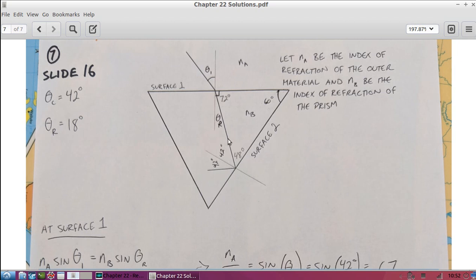I know there's total internal reflection occurring right here. So I'm still stuck, right? I've got a refracted angle. I'm missing an incident angle, but I also don't have the indices of refraction. So I'm going to use Snell's law at surface 1. I'm just going to write it out. n sub a is the index of refraction of the outside medium. n sub b is the index of refraction for the prism.